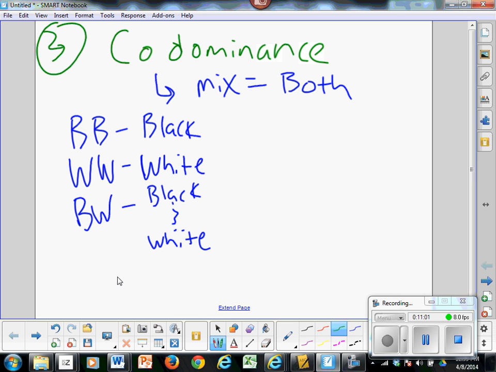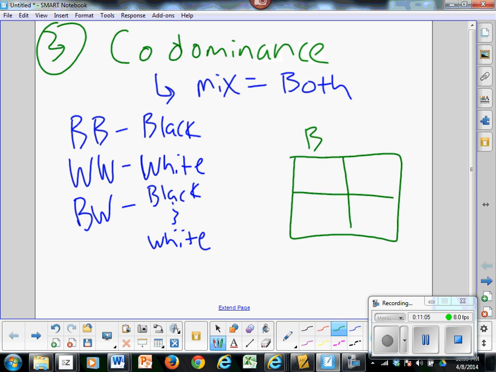So let's do a Punnett square. Let's say that both chickens are black and white. So we do our Punnett square, which again, I'm pretty confident you all can do this part.